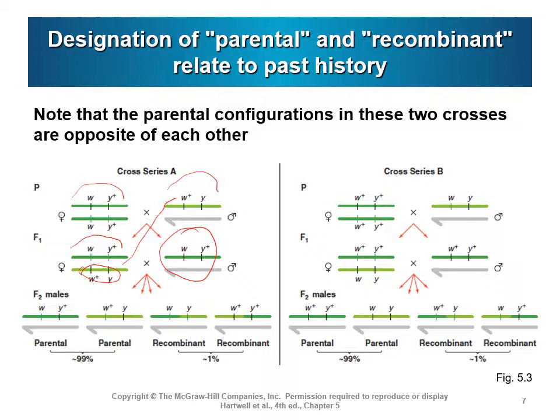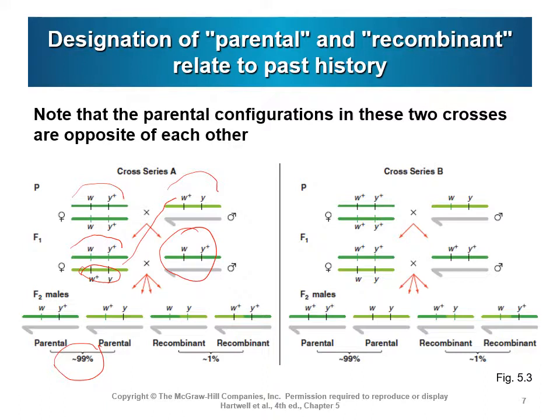Then the F2 male will get W Y plus or W plus Y from mother.